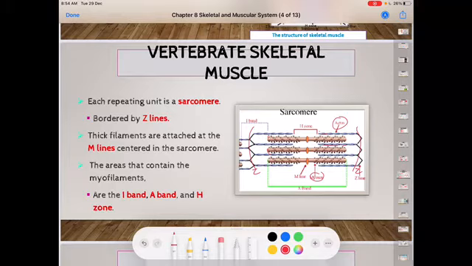The M line, okay, where is the M line? The M line is located at the center of the sarcomere and consists of thick filament. While the A band, okay, so this is the A band, and the other is the I band, and the H zone, where is the H zone? Okay, so this is the H zone.